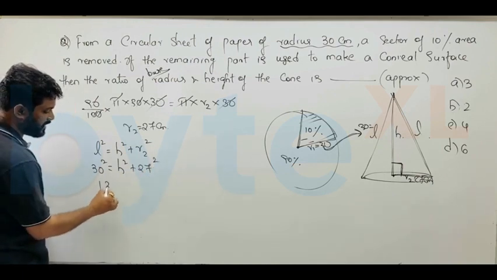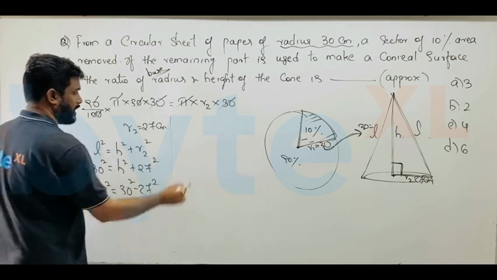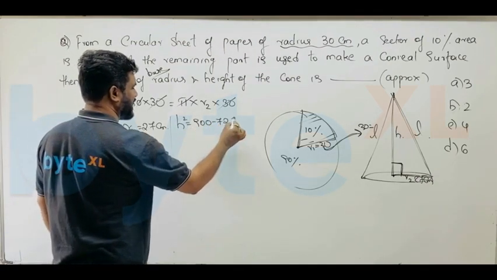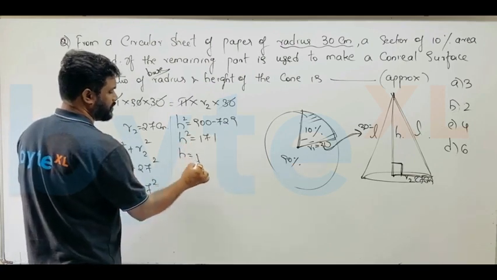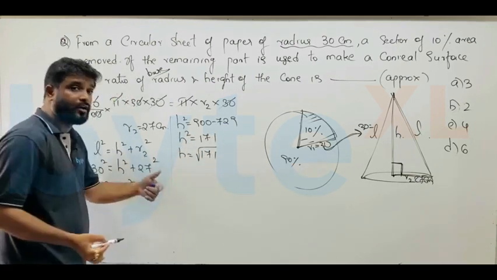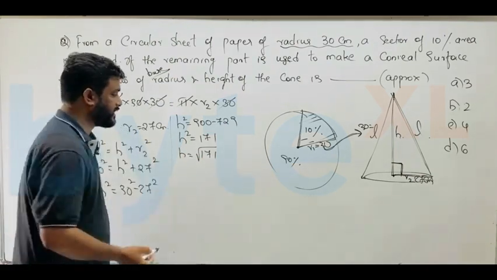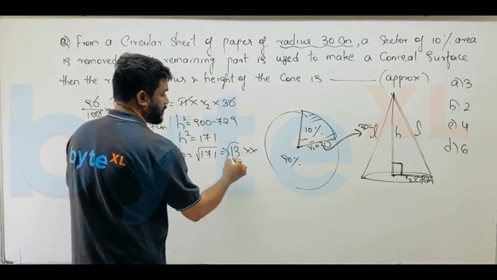So h square is equal to 30 square minus 27 square, which is 900 minus 729. So h square is equal to 171, so h is equal to root 171. This is very close to 169, which is a perfect square, 13 square is 169, right? So it is approximately 13 point something. I am taking it as 13 approximately.